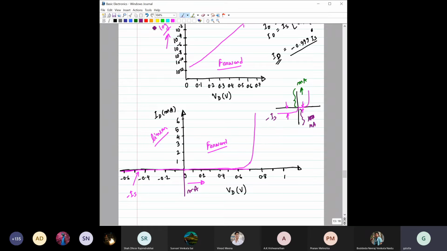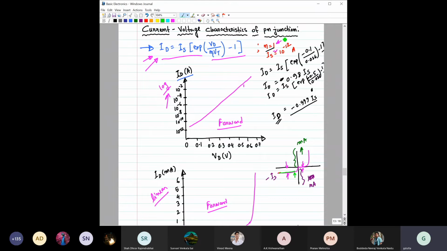Also, you understood that the reverse bias current would be constant. That is true, but only once you have crossed a certain value of reverse bias, right? For example, I have shown you this ID. When the VD value is -1, you see it is approaching minus IS, right?